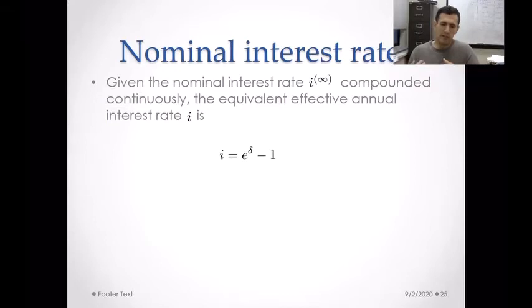Like I said, 365 would be daily, times 24 would be hourly, that times 60 would be per minute, that times 60 would be per second. As we keep going, it's almost like we're compounding continuously.